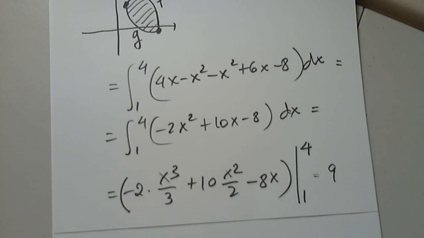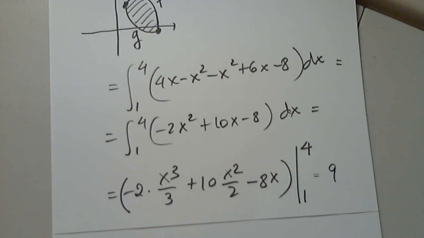So this area, right here, enclosed above by f and below by g, is 9 units. Now, we will have to work on at least a couple of problems like this. They are giving us the functions, but not the graph, which means we have to graph.